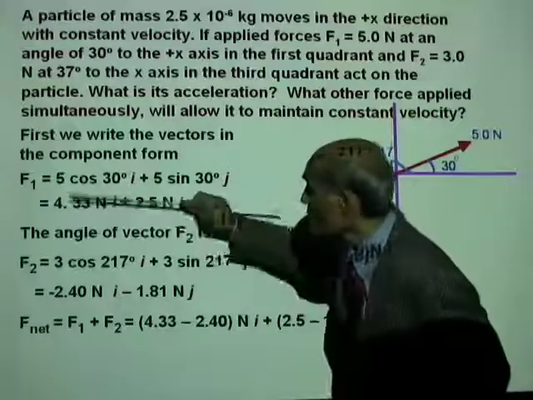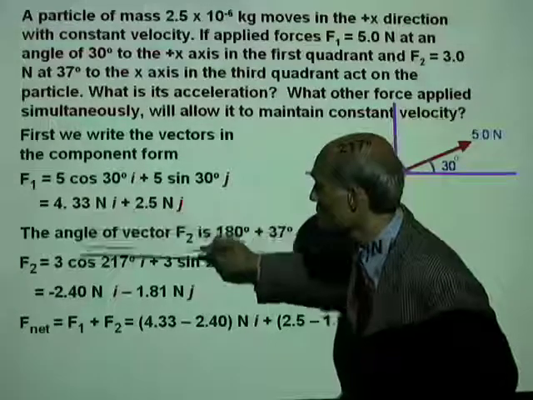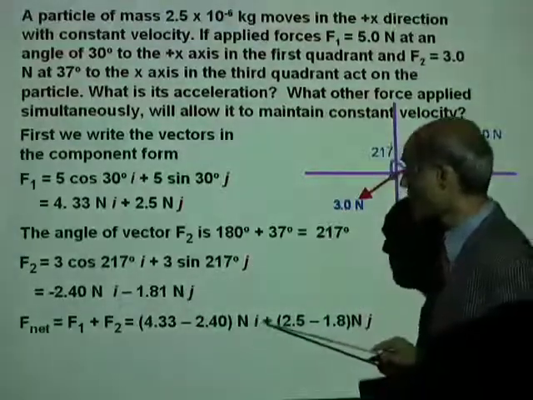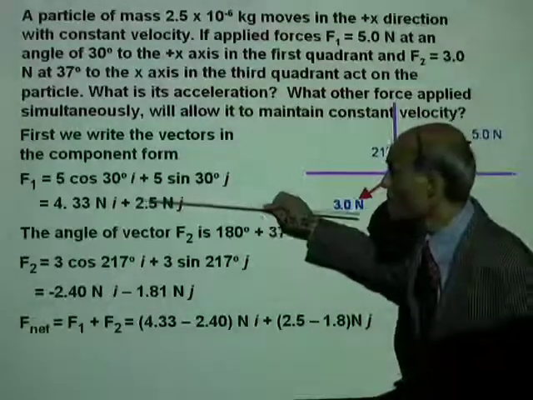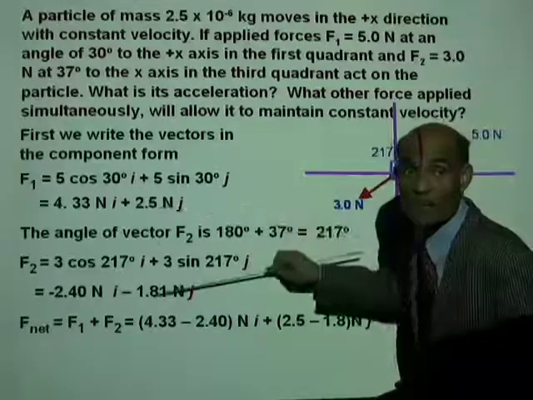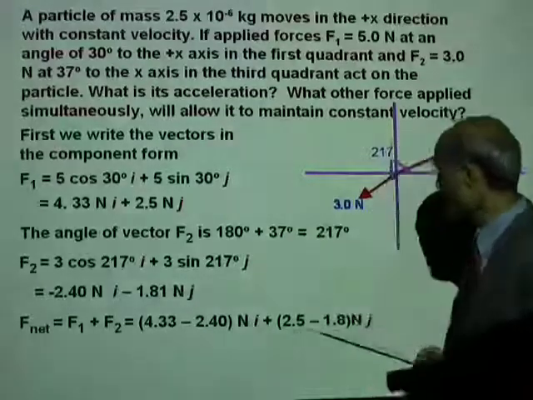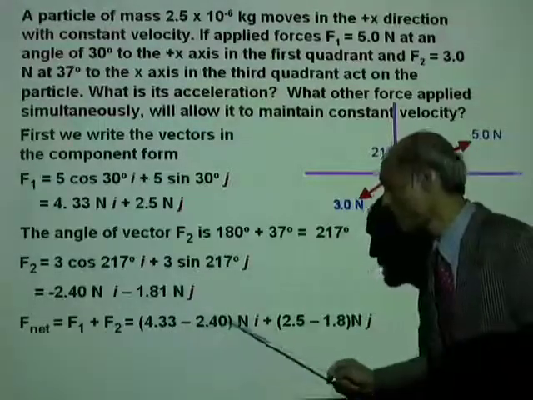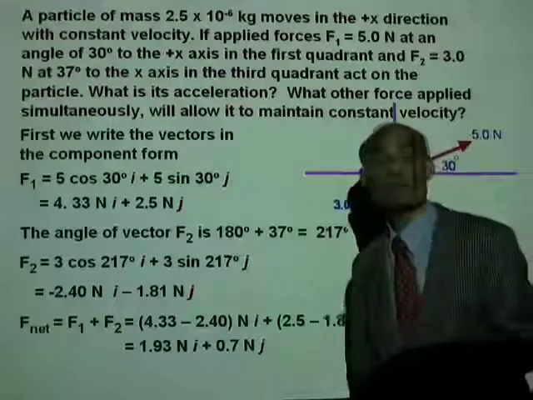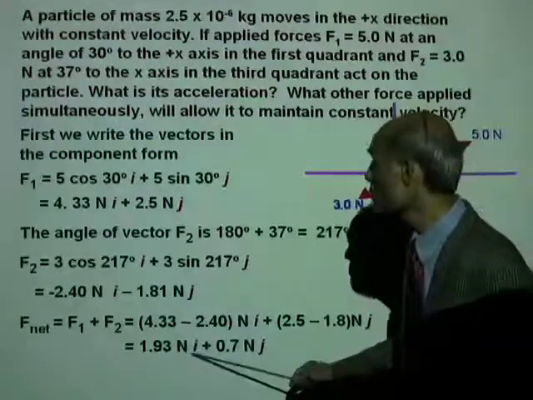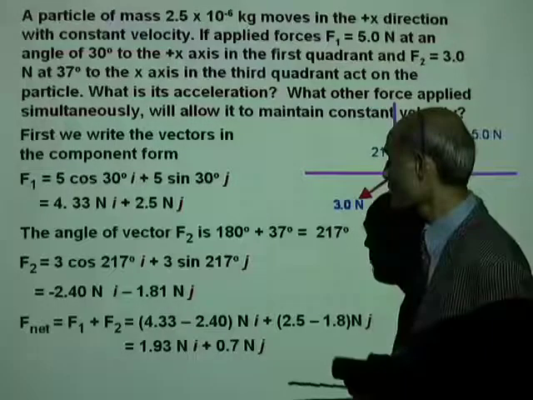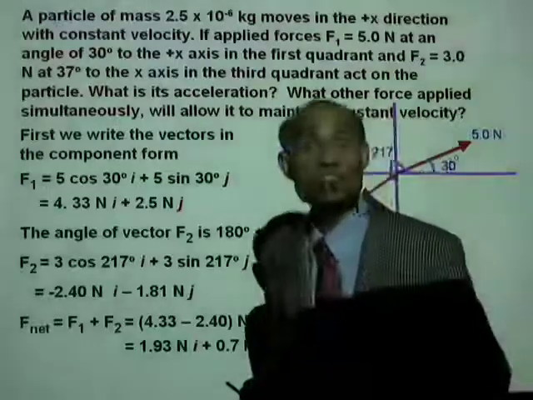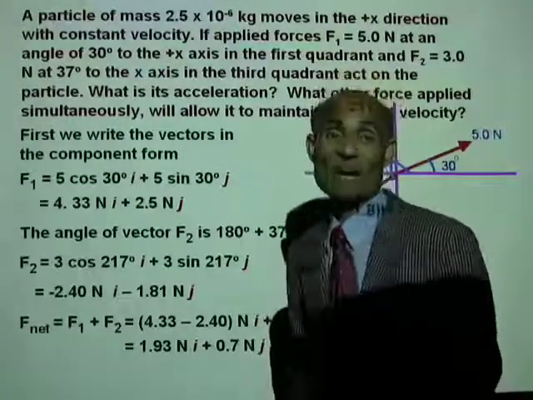So adding the x component, you get 4.33 Newton minus 2.4 Newton I plus adding the y components 2.5 Newton minus 1.81 Newton J, and this is the net force. Simplify these quantities. That will be 1.93 Newton I plus 0.7 Newton J. This is the net force on the particle.